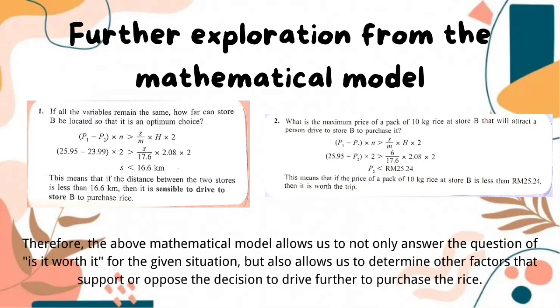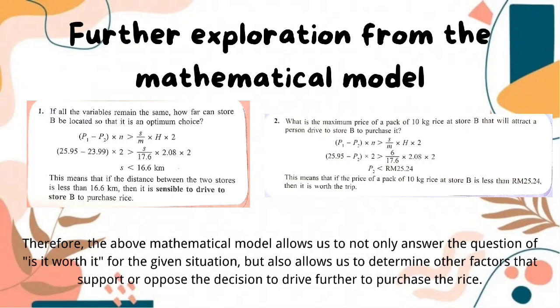So the answer is S is less than 16.6 km. This means that if the distance between the two stores is less than 16.6 km, then it is sensible to drive to store B to purchase rice.